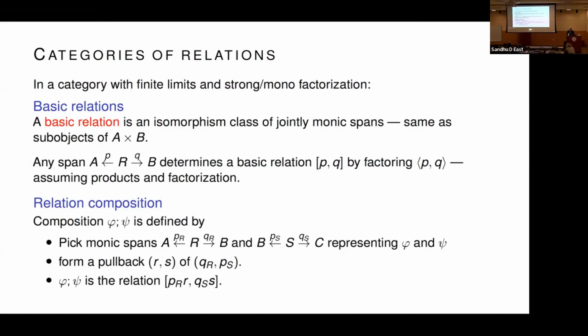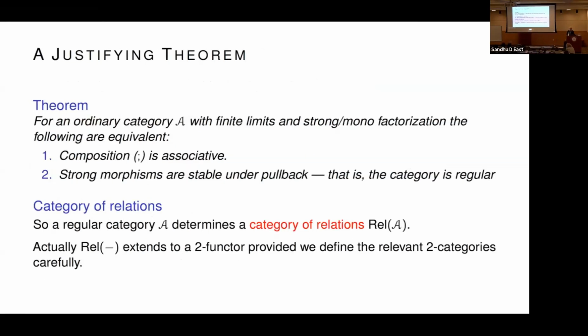The important point about that is that the composition I just sketched is associative if and only if the strong morphisms of my category are stable under pullback. So you take all the other axioms, having finite limits and so on, and stability under pullback is the thing that guarantees associativity of this composition, right? So in other words, I get a category if and only if I have stability under pullbacks.